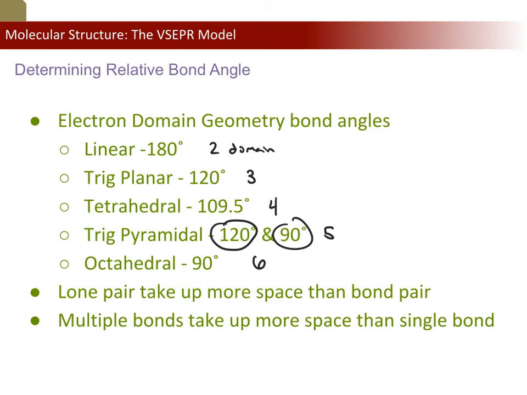Now, I mentioned this before, but a lone pair actually takes up more space and has more repulsive factor to it in the molecular geometry than a bond pair does. So when you have a pair of electrons, say, on the central atom with 2 bonds, the angle is not going to be 120 degrees. The actual angle will be less than 120 degrees.